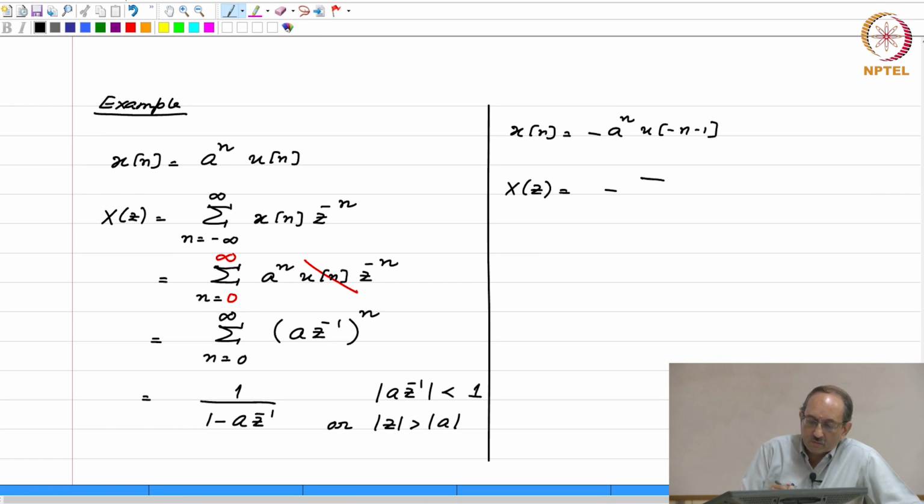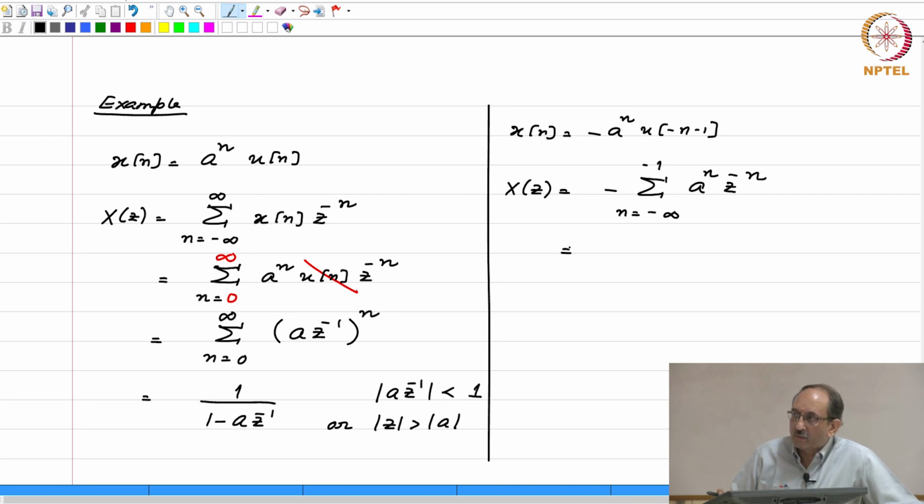Because you have u of minus n minus 1, the summation goes from minus infinity to minus 1 of a to the n z to the minus n, and if you simplify it, what will be the answer?